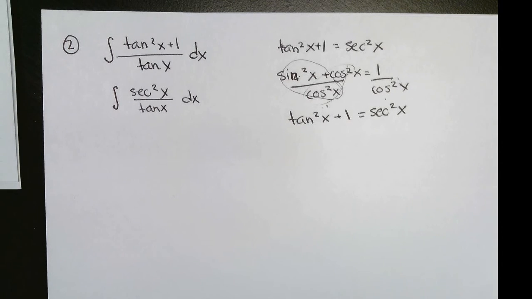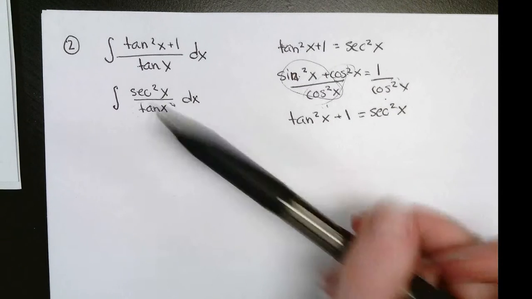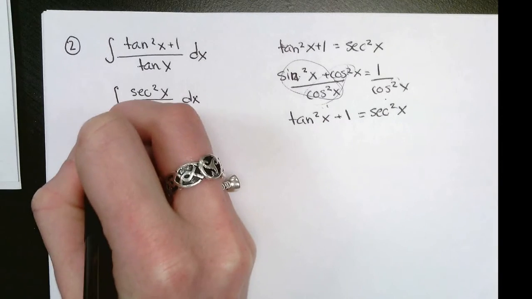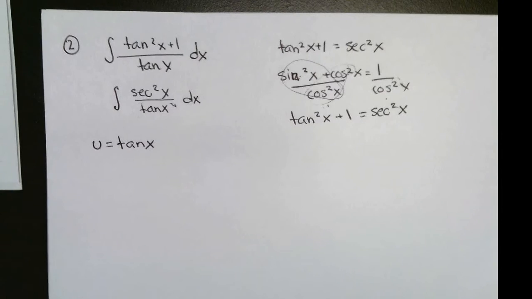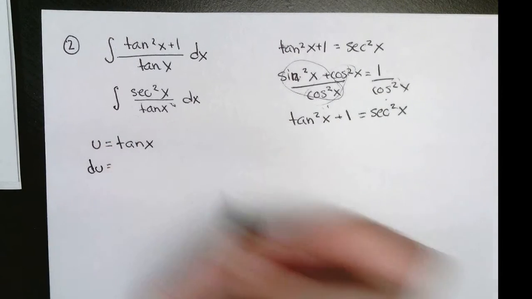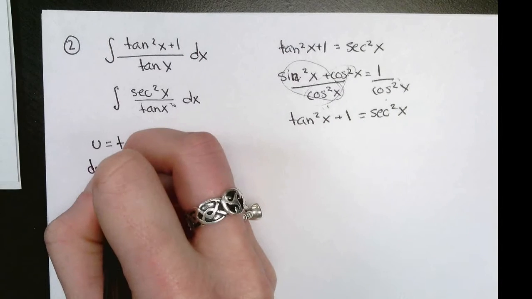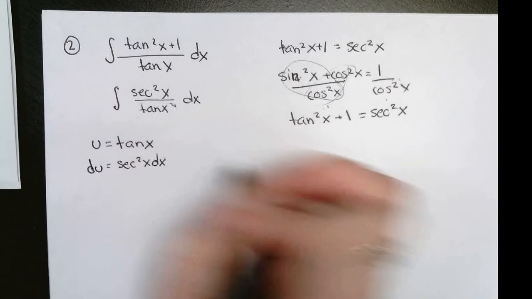So one of the places we look is our denominator. In my denominator, I have a tan x. And can I see its derivative? Yeah. So that means we're going to make our u equal to tan x, meaning my du is equal to secant squared x dx.